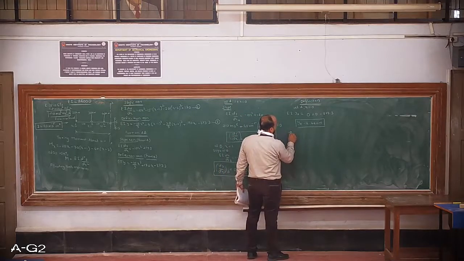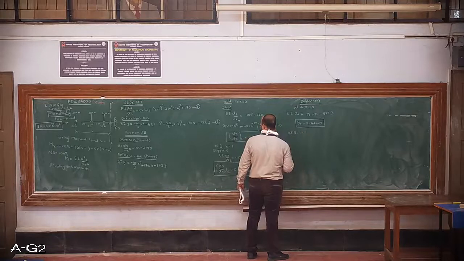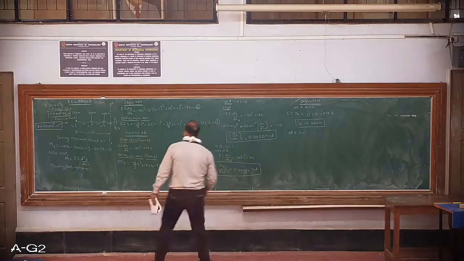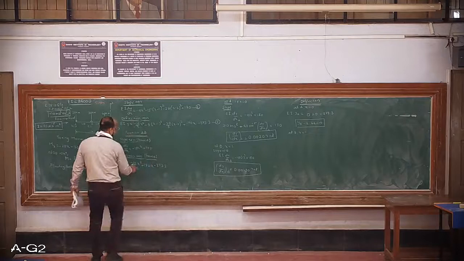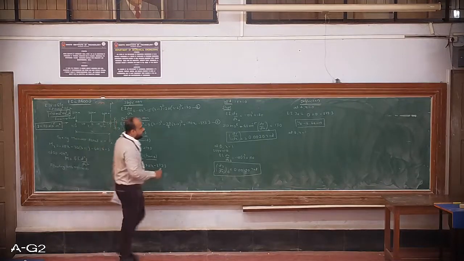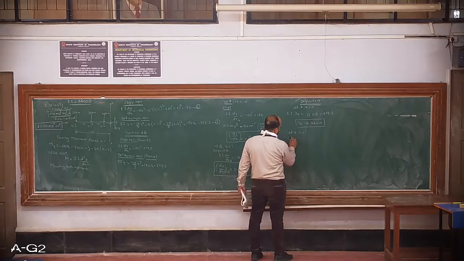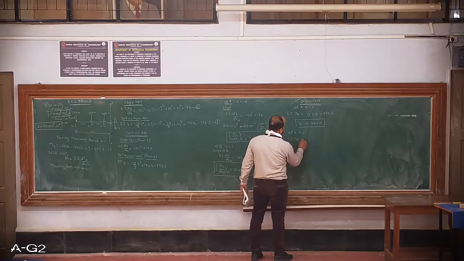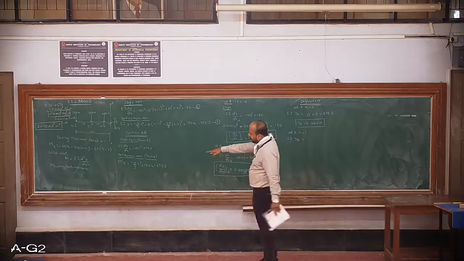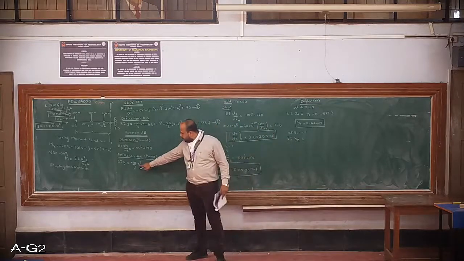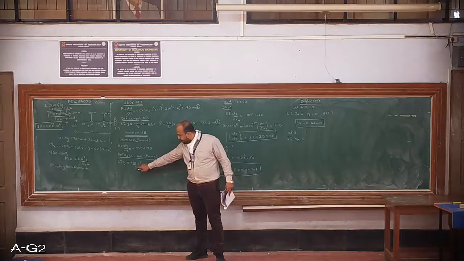At B, x is 1. So again here I will be substituting for portion AB, x is equal to 1. EI into y at B. Now EI into YB is equal to, so substitute x is equal to 1. Here 1 cube is 1, so it will become minus 10 by 3.